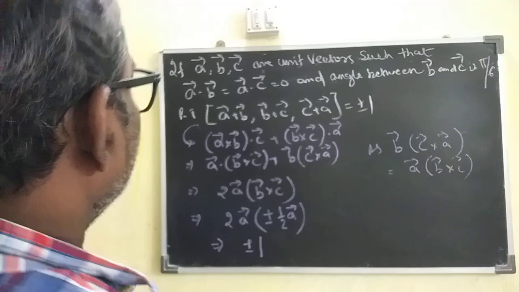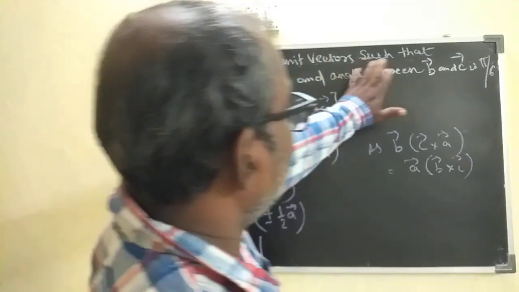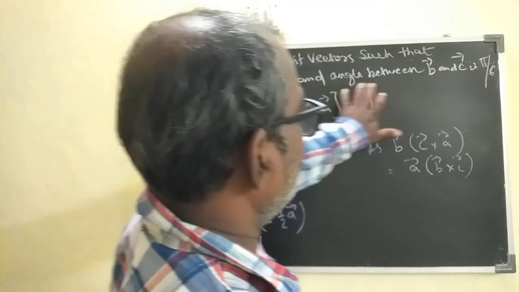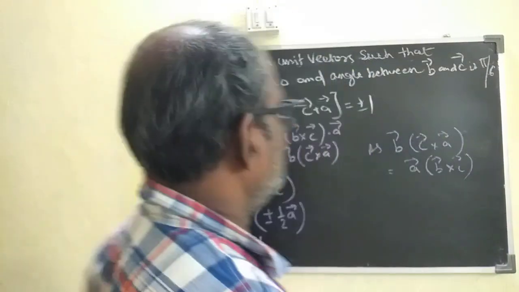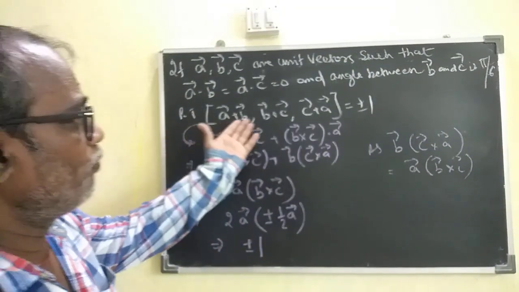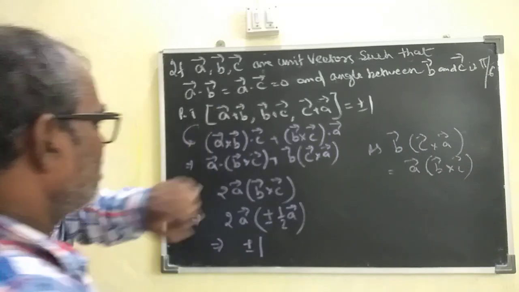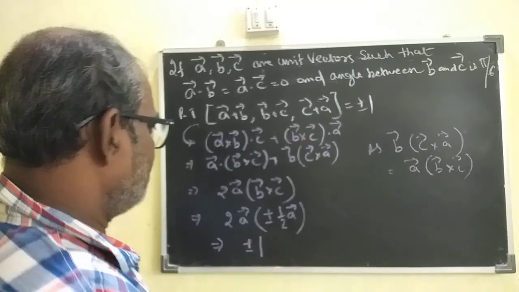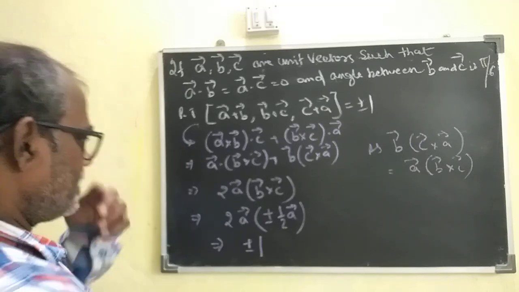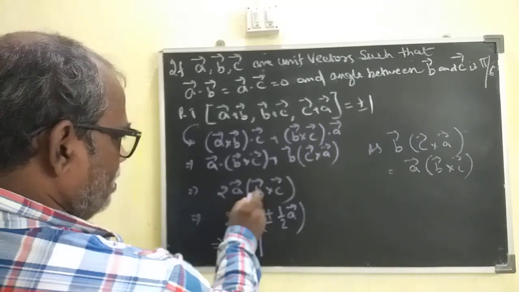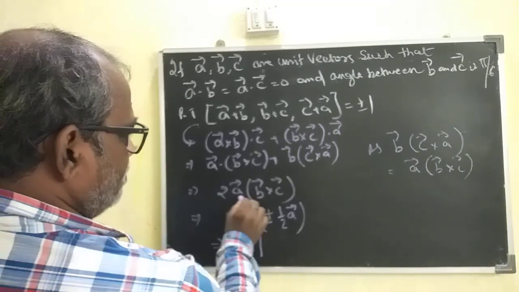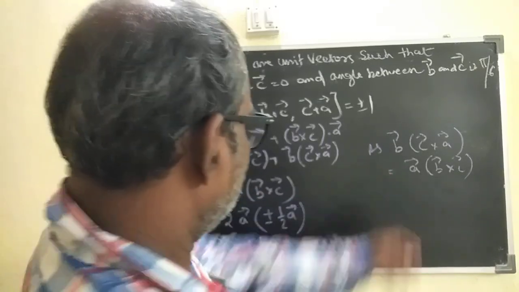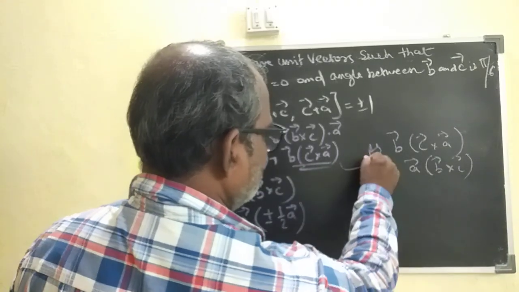This is one more question, that if vector A, B, C are unit vectors such that the given criteria and angle between vector B and vector C is pi by C, then we have to prove this. Okay, so this can be written in the format of this on simplification, and further on simplification we get here 2 into vector A scalar product of A, B, C, since this is equal to this.